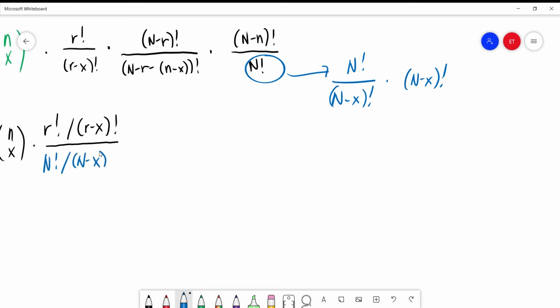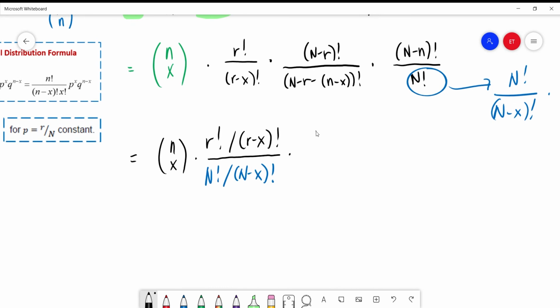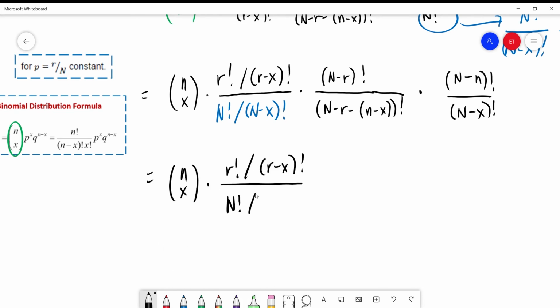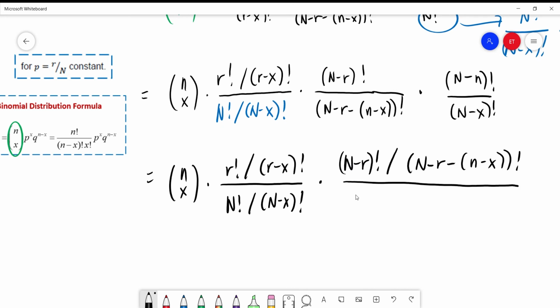Rewrite and rearrange. So now, we have this r over big N here. Again, a step closer to our goal. We also join this one and the other one. And whew, it almost looks like a binomial distribution now.